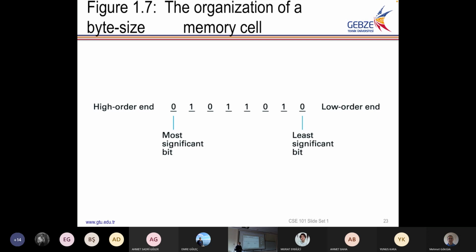We have certain regions. We have the most significant bit and the least significant bit. The most significant bit is at the leftmost part, up here. The least significant bit is on the right. Binary numbers are the same: most significant, least significant.